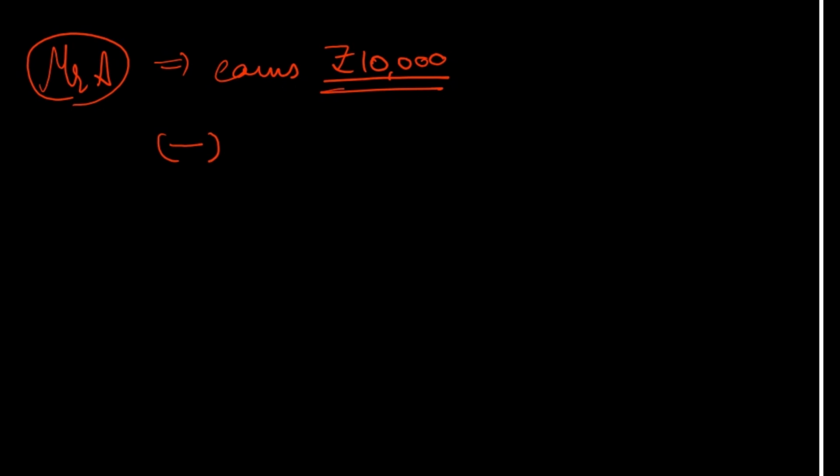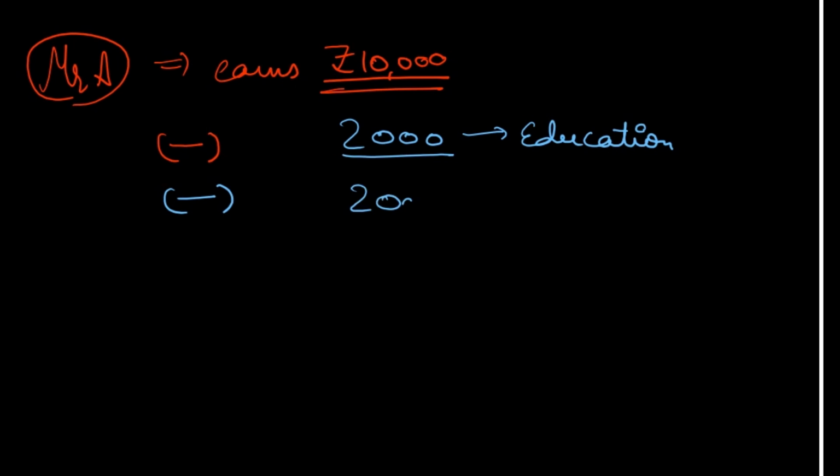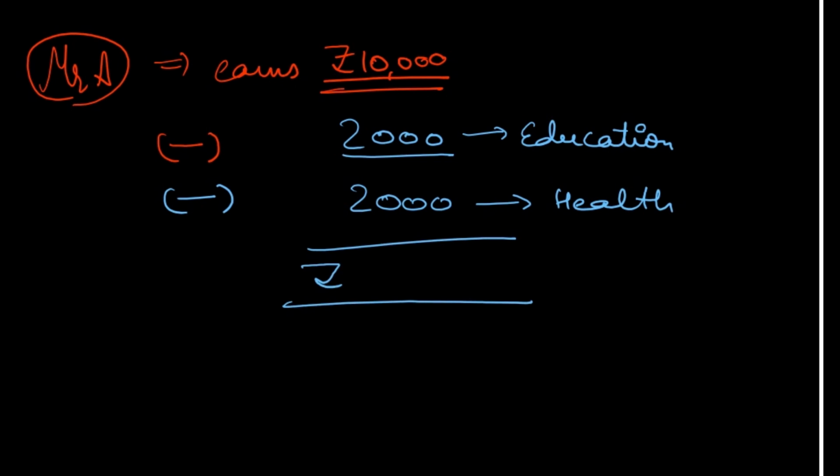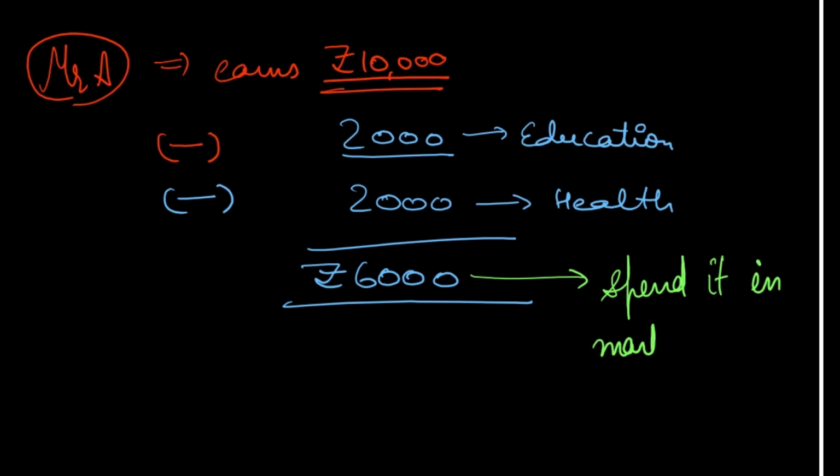He spends 2,000 on education, then 2,000 on health. He is left with only 6,000. Now he will spend it in the market to buy, for example, clothes.